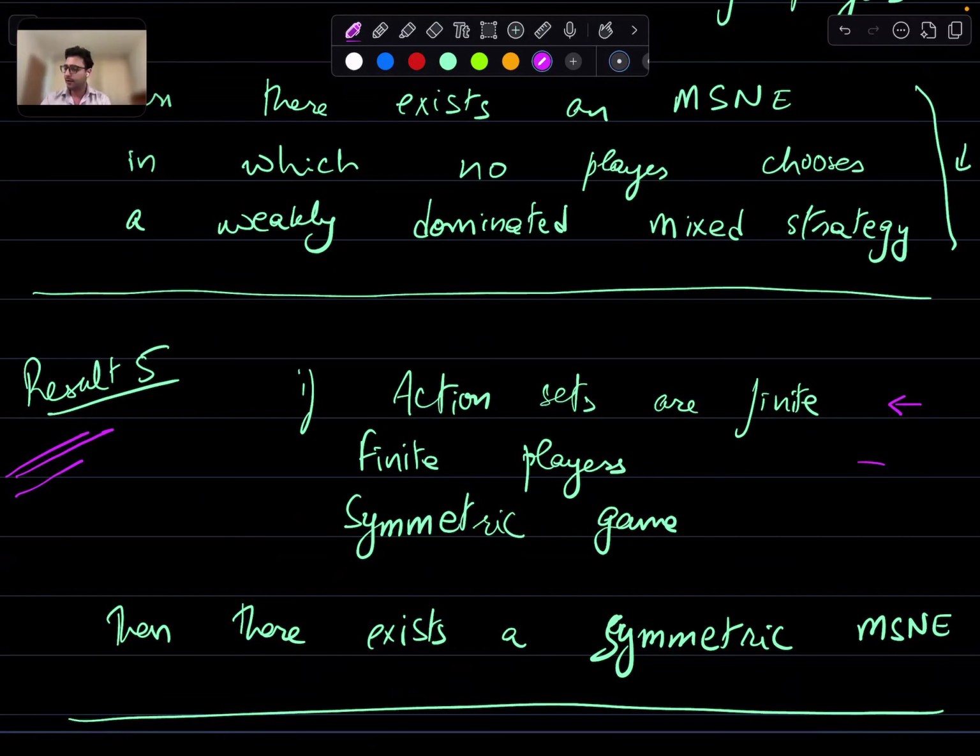I have a finite number of players, that's just 2, and I have a symmetric game. And I defined a symmetric game a few videos ago. That must mean that there exists a symmetric mixed strategy Nash equilibrium. So a symmetric mixed strategy Nash equilibrium is one in which both players choose rock with the same probability, both players choose paper with the same probability, and both players choose scissors with the same probability.